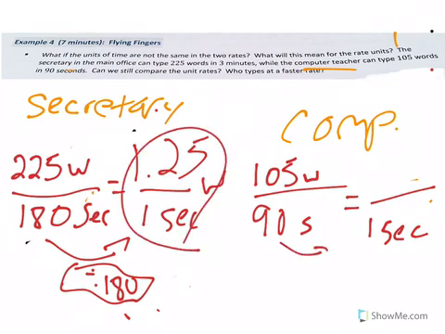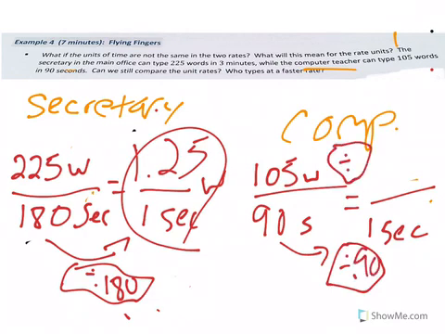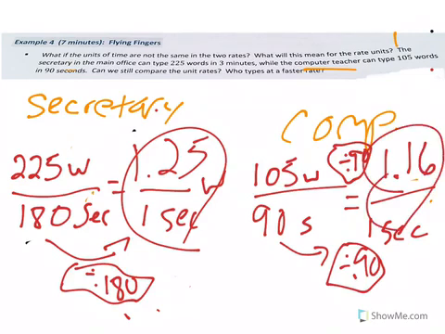Over here, to get from 90 to 1, we've got to divide by 90. So we've also got to divide 105 divided by 90, and you would get essentially 1.16 words per second. So, same situation, secretary types just a little bit faster.